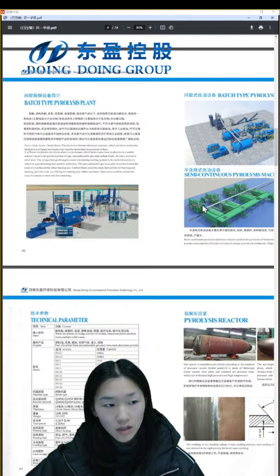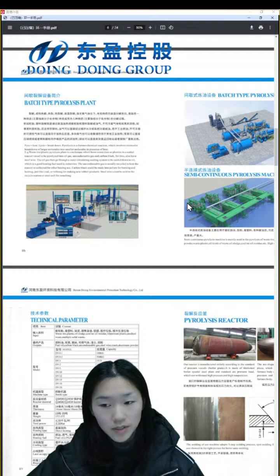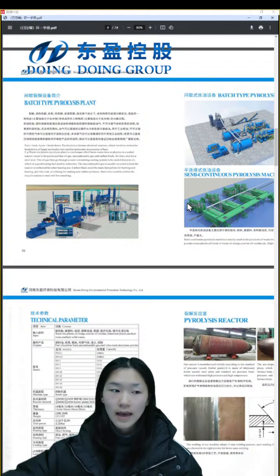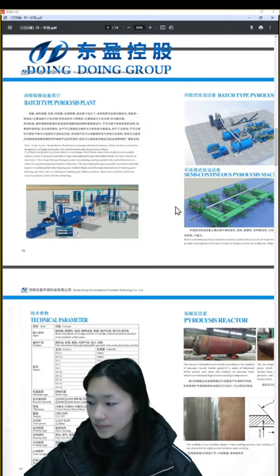The machine has the sealed feeding and sealed carbon black, so it has high safety and it has high efficiency.